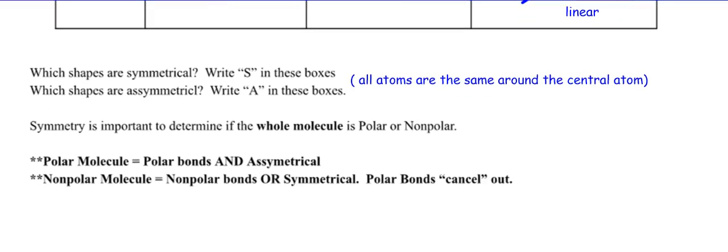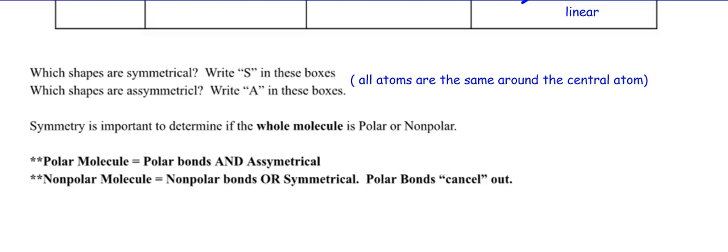All right, so why am I worried about the symmetry? It is important to determine if the whole molecule is polar or nonpolar, and it is that which will determine its function. Remember I said structure determines function? It's this right here, putting these 2 things together, the bonds and the symmetry, whether the molecule is polar or nonpolar.